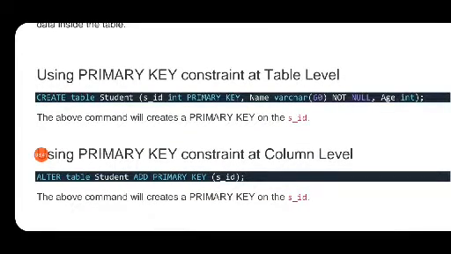So at table level, create table student, SID int primary key, name varchar 60 not null, age. Whereas if you want to have primary key constraint at column level, then you have to write like alter table student add primary key in bracket SID. So the command will create a primary key on the SID.